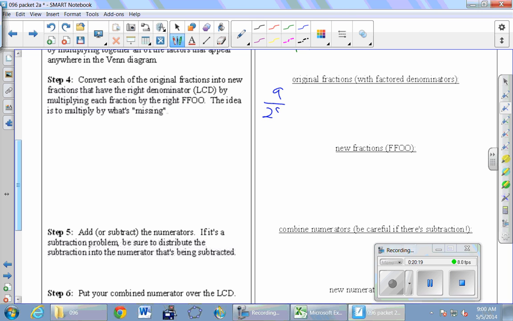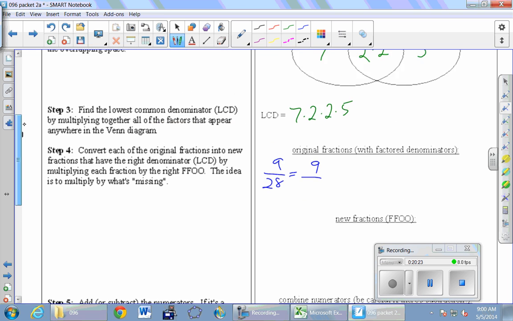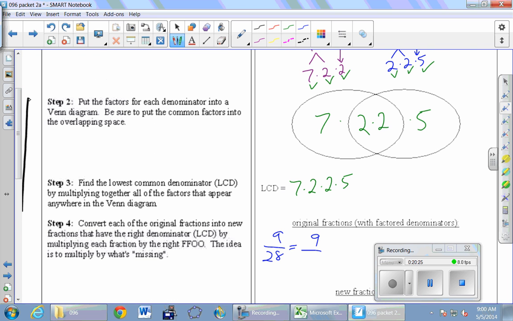Nine over 28. But I'm going to change the 28 by writing it as whatever's in the first circle, the left-hand circle. It has a 7 and a 2 and a 2. In fact, that's the stuff we came up with in purple, right? 7 times 2 times 2.